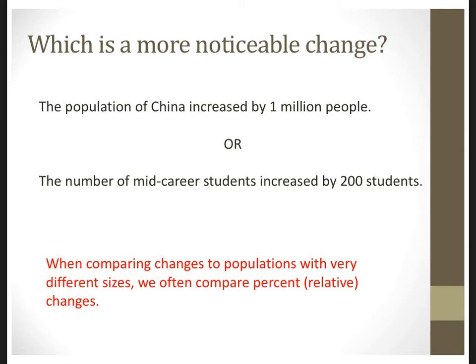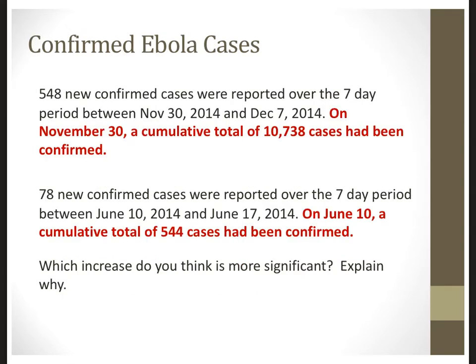So let's add this component to our analysis with the Ebola data. And so if we want to compare relative percent changes in our analysis, then what I would need to know is, how many cases were there at the start of that period on November 30th? How many cases were there at the start of the period on June 10th?